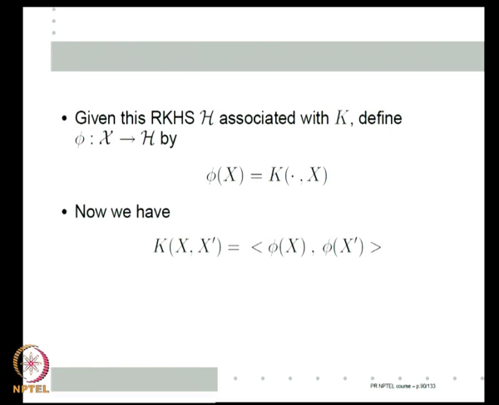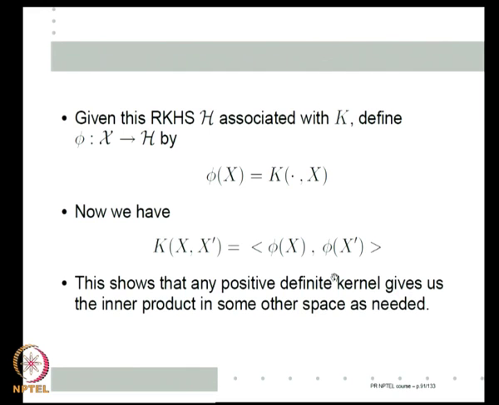Given a positive definite kernel K, I have constructed a specific space H and shown you a function phi that maps X to H, such that K(x, x') is the inner product between phi(x) and phi(x'). This means that any positive definite kernel gives us an inner product in some other space as needed.